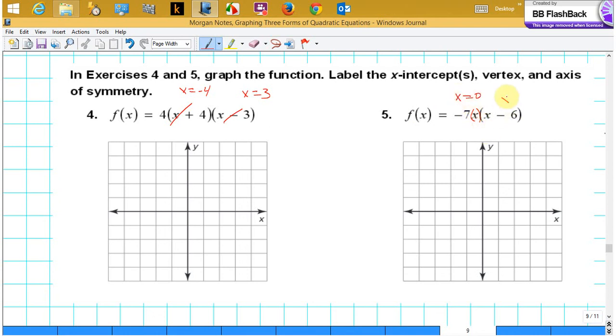And over here, x is equal to 6. Those would be the places where it crosses the x-axis, right? Negative 4, 3. Over here, it would cross the x-axis at 0. Well, obviously, let's say that's 6 out there, right? 1, 2, 3, 4, 5, 6. So, anyway, let's keep going.